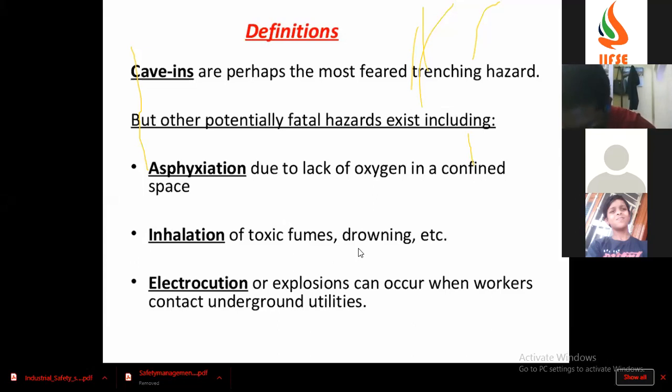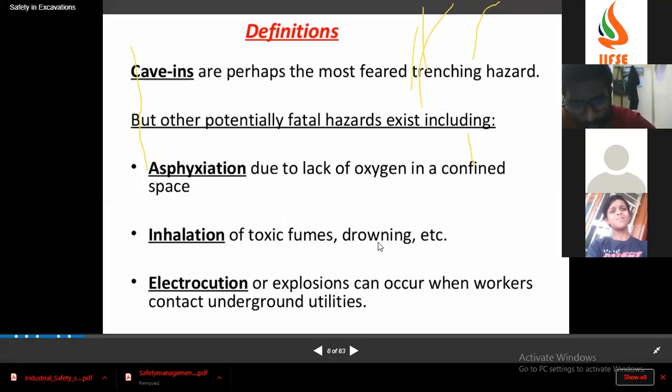No, 200 to 250 kilometers distance. They'll have tunneling because they should not get those vibrations, or the lake should not flow into the tunnel when they're cutting it. There is a standard requirement that if it is a seaway or a hill tunnel, you have certain recommendations. Fine. Coming to the inhalation, toxic fumes, drowning.